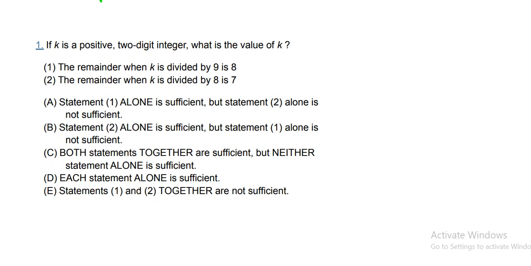Consider statement 1. For a number to have a remainder of 8 when divided by 9, that means the number has to be 1 less than a multiple of 9.